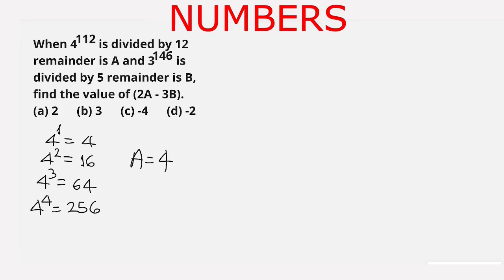Now 3 to the power 146 is divided by 5. The remainder is B. We will find the ones place of 3 to the power 146, and we divide the power by 4, and whatever is the remainder, that will be the power of 3. 4 times 3 is 12. 14 minus 12 is 2 and we carry 6, so it is 26. 4 times 6 is 24. 26 minus 24, the remainder is 2, and this gives 3 to the power 2, which is 9.